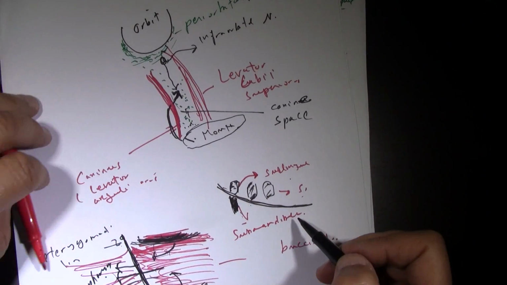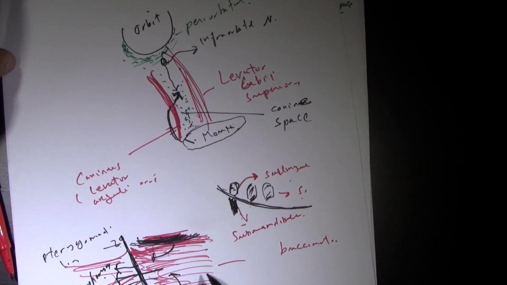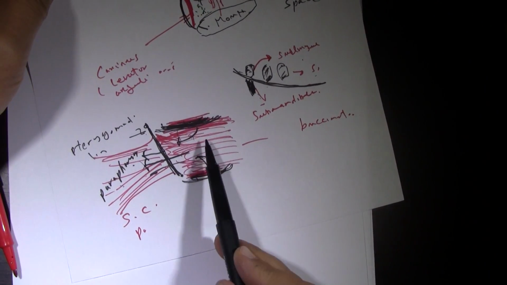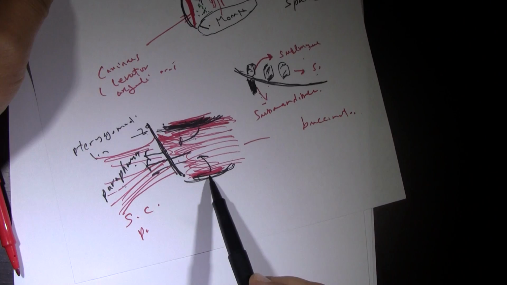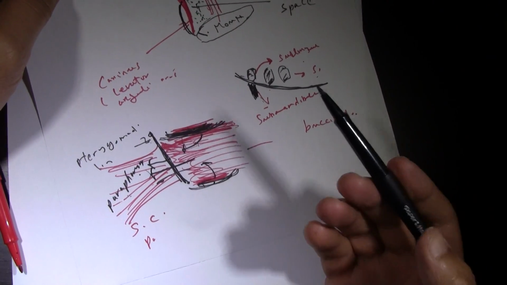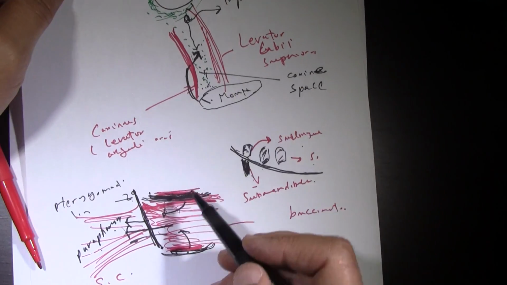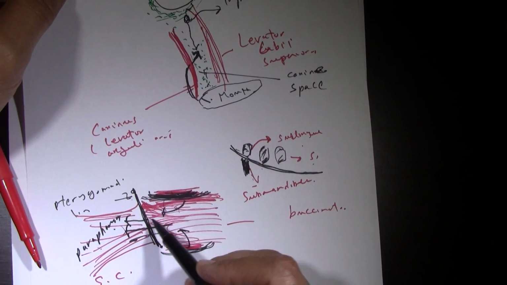Okay, so keep in mind that buccal space can receive infection from maxillary and mandibular. So if I ask you the direction of spread of infection from maxillary teeth, it can go up to canine space or posteriorly to the buccal space.